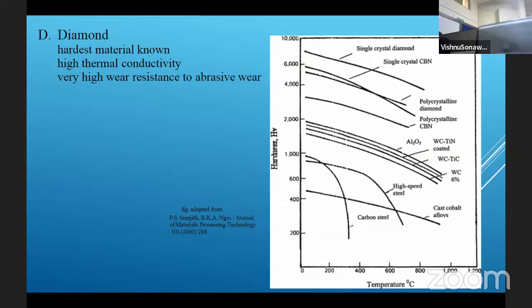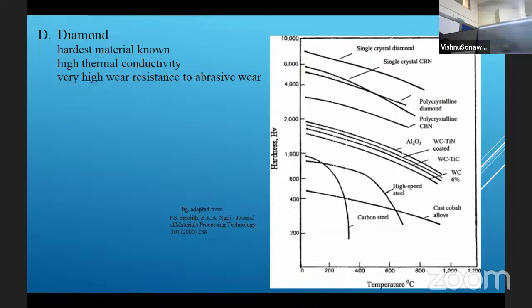And the next cutting tool is the polycrystalline diamond cutting tool material. This polycrystalline diamond cutting tool material goes up to about 5,600 to 5,900 hardness. And next, you can use aluminum oxide cutting tools, or tungsten carbide with titanium nitride.